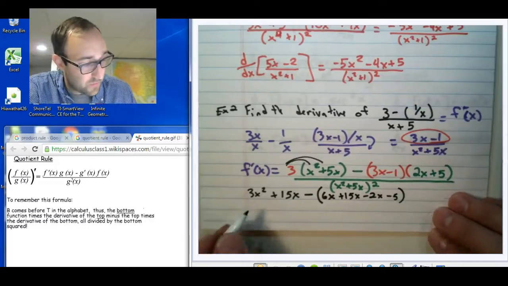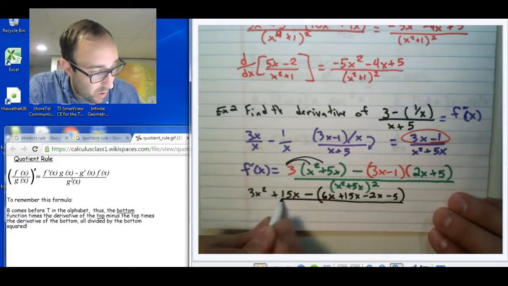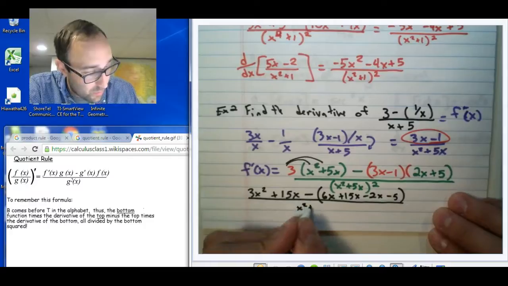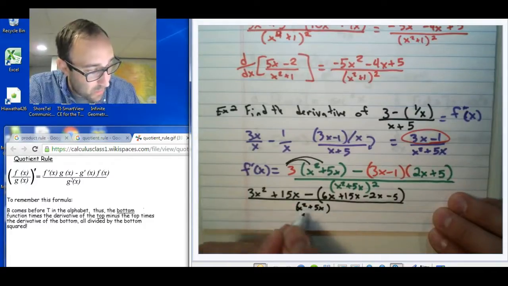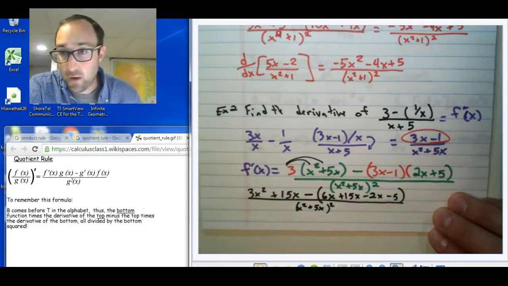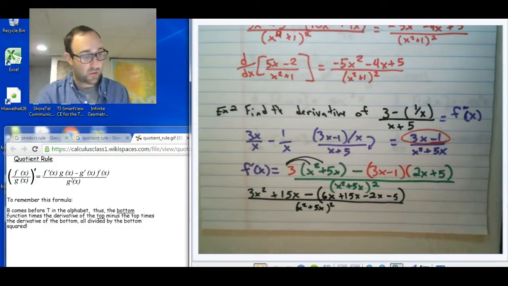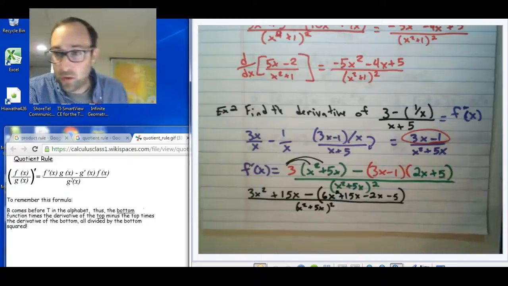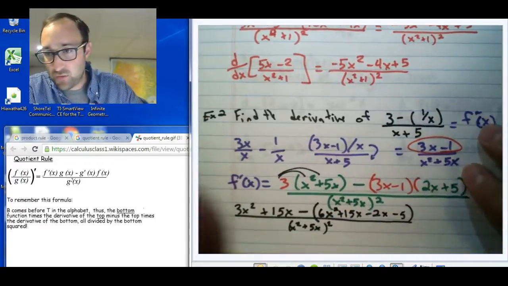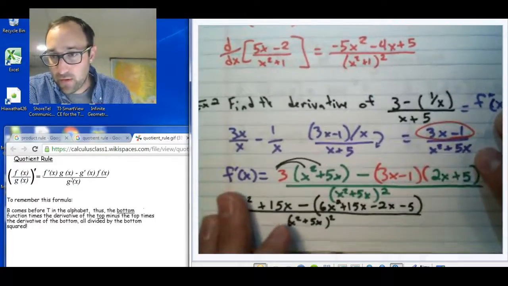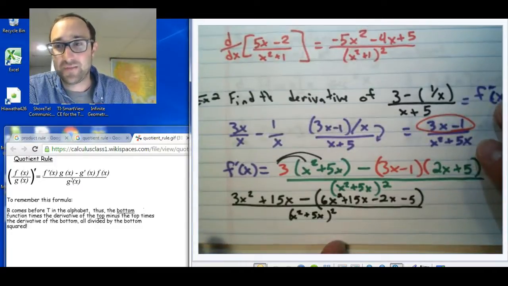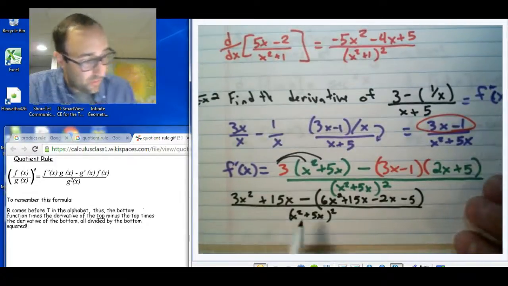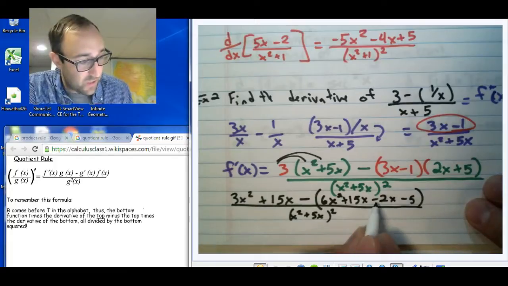Okay, now let's combine as much as we can after we put this all over (x squared plus 5x) squared. That should be a square right there, too. Alright, hopefully you can see that. Should I zoom in just a little bit for you? Sorry. So, 15x minus 2x is going to be 13x.